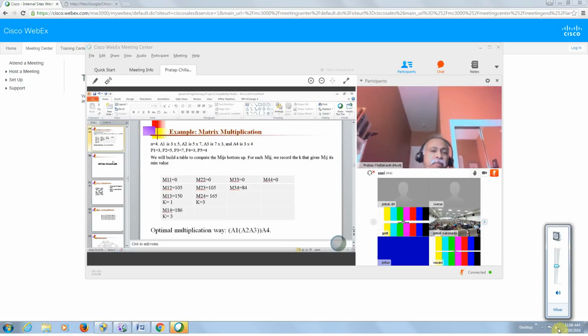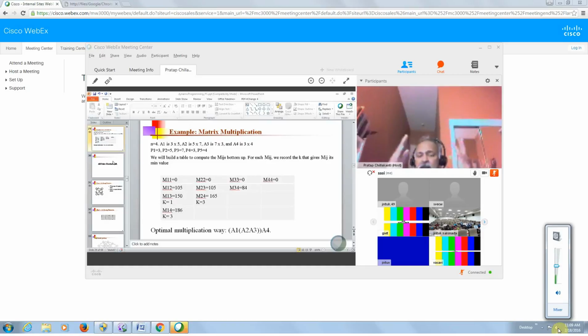Okay. So here is an example of a matrix multiplication. So what is the goal here? The goal is to figure out the optimal way of multiplying. In other words, we transform the problem. It is basically breaking down that k, right? What is the exact division?